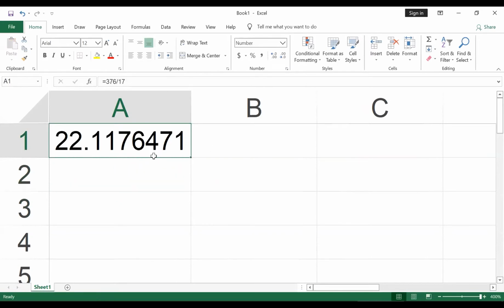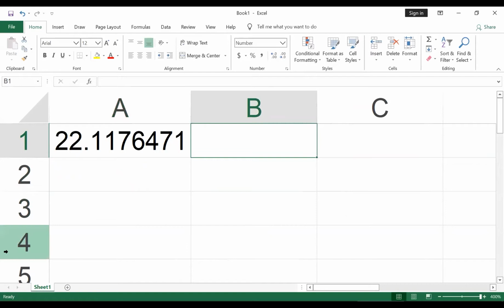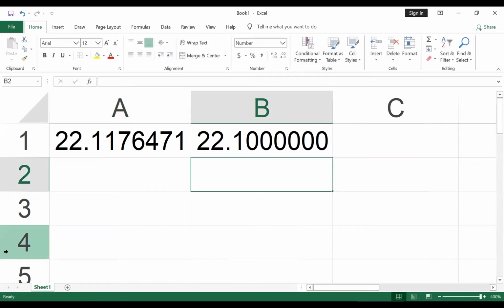We get this number, three significant figures would be 22.1. Remember, I have formatted, that's why there's the extra zeros. Just ignore it for now. Remember that there's two ways of rounding off. Wait until the end or each step.